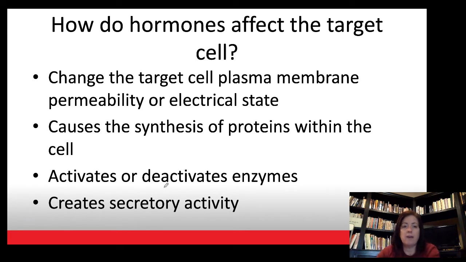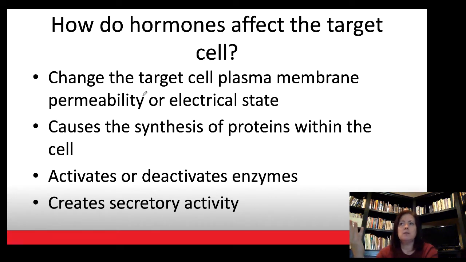So the first thing that can happen is that it can actually change the target cell's plasma membrane permeability or electrical state, like initiating a depolarization or that sort of thing. Once it enters the cell, it can activate synthesis of proteins within the cell. It can either activate or deactivate enzymes.